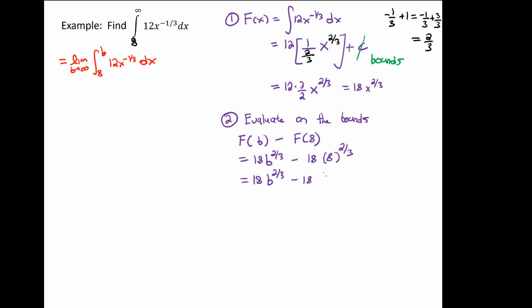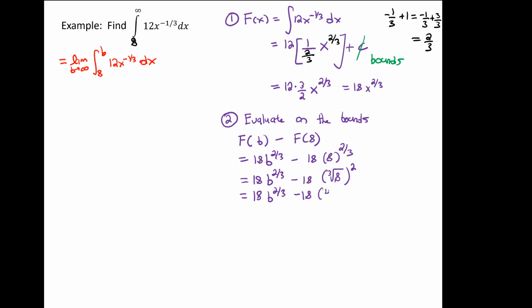Power 2/3 means apply the bottom part of the fraction as a root, so cube root in this case of 8, then take that result and raise to the power of 2. That's one order in which you could convert that set of operations. 18b to the 2/3 minus cube root of 8 is 2. 2 squared is 4.